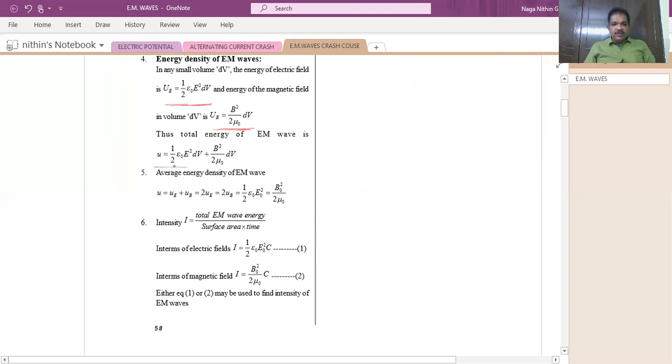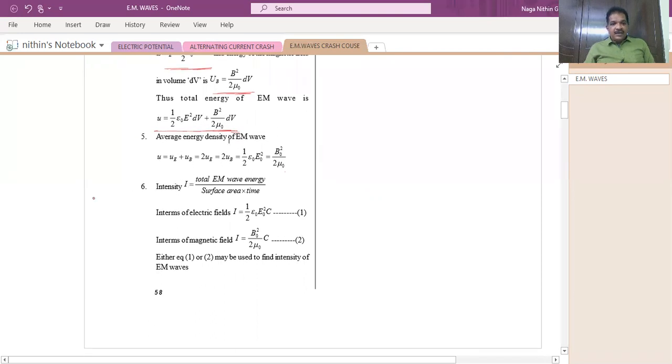Total energy is 1 by 2 epsilon naught E square dV plus B square by 2 mu naught into dV. This is the total, instantaneous energy. The average energy is this energy divided by 2, so finally, this is the formula.